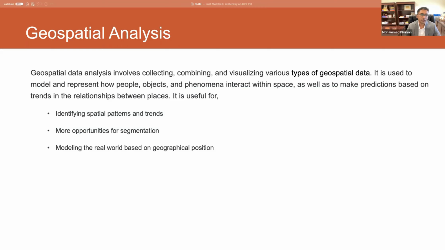The effect of COVID may be different in Georgia than in Louisiana, and again, that effect within Georgia may differ from one county to another. So space and time have some effect on health data. That's why we use geospatial analysis to identify the spatial pattern or trend, using real-world data like geographic location to identify the disease pattern.